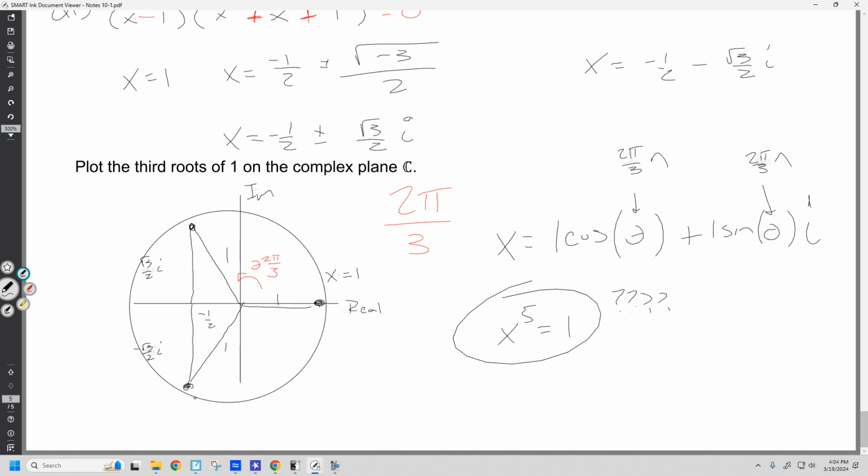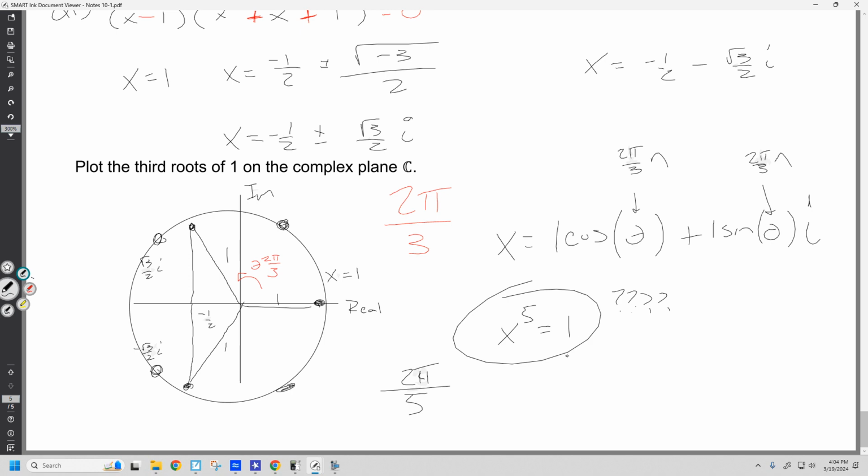All of my solutions ended up equal distance from each other. It's almost like I could take 2 pi and divide it into 5 parts. We'll have 1, we'll have 2 pi over 5, 4 pi over 5, 6 pi over 5, 8 pi over 5. We'll create kind of like a pentagon.